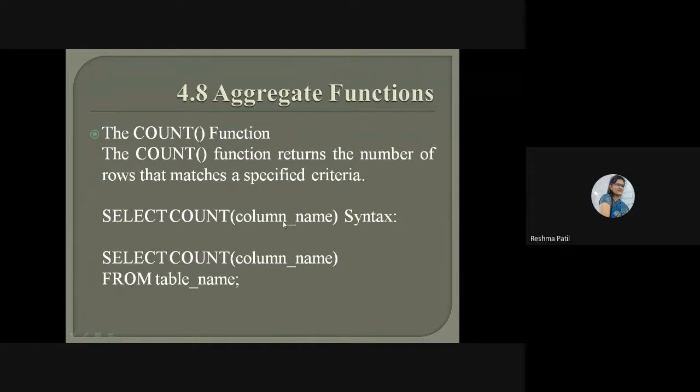Select count in brackets column name from table name. This is the syntax. Select count of the column name from the table you are going to apply it on. So all the rows, however many rows there are in this table, that will be the result of this statement.